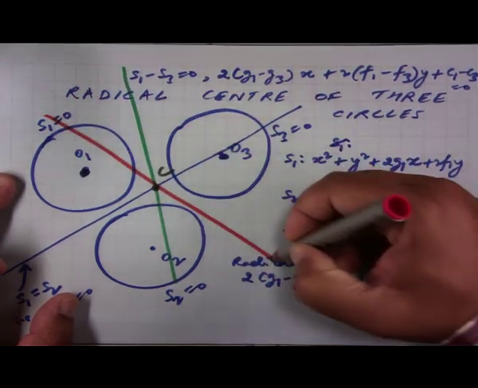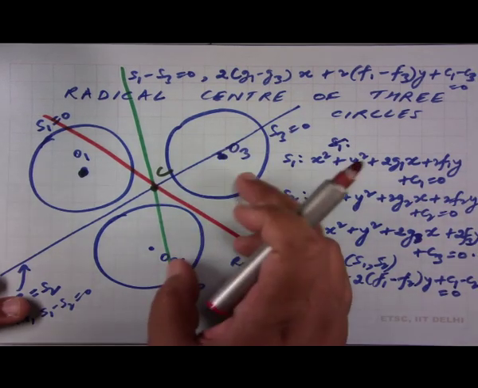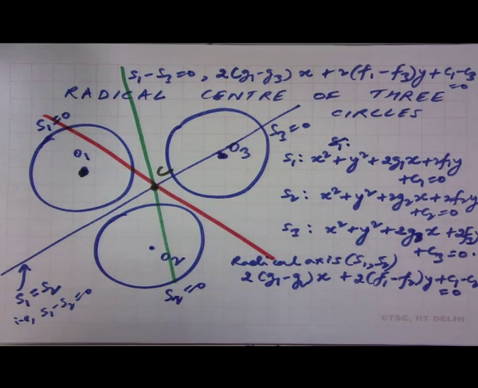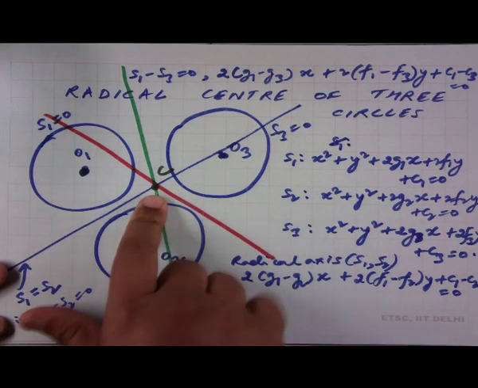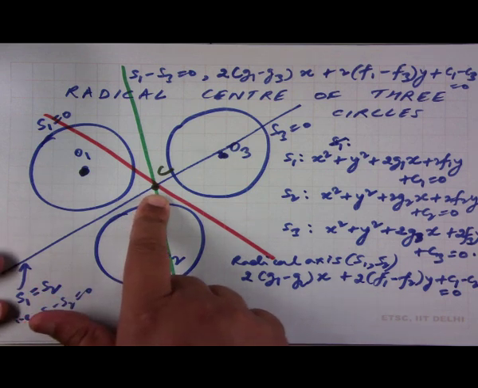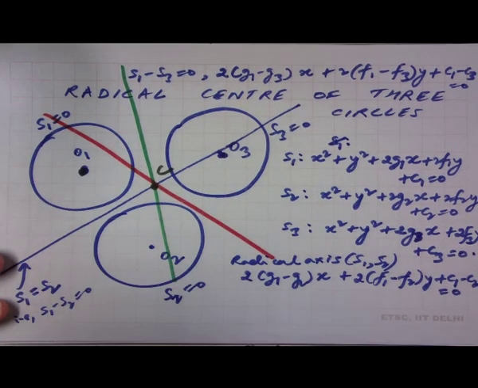It will be something like this. So, what I have drawn in red is the radical axis between the second and the third circle. So, in fact, all three of the radical axes between the three pairs of circles are concurrent at one point, which we have denoted by C, and this C is then called the radical center of these three circles.